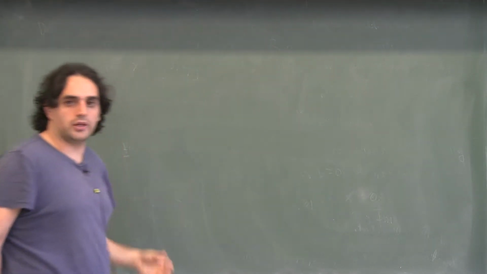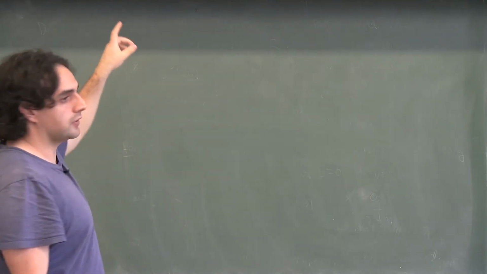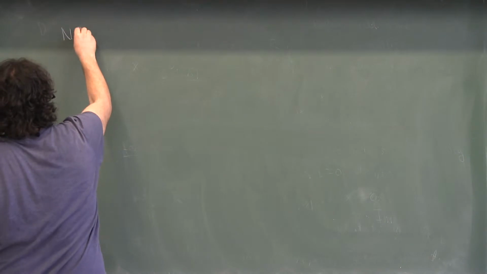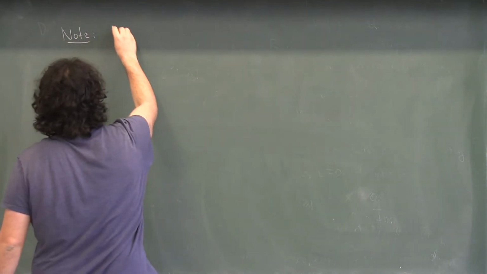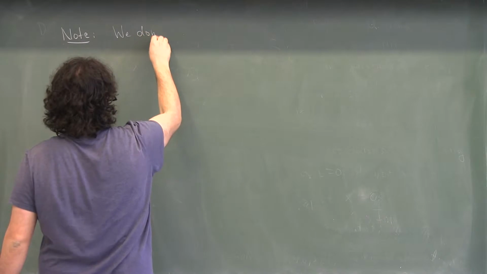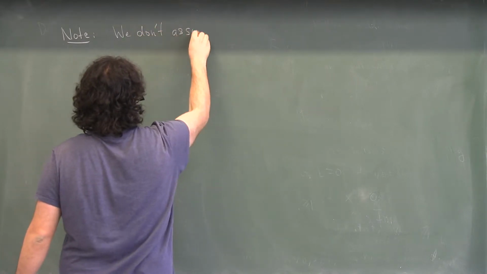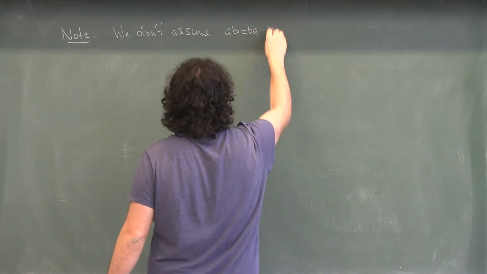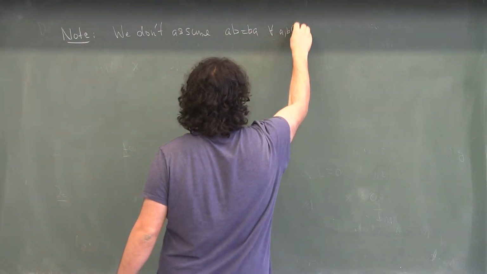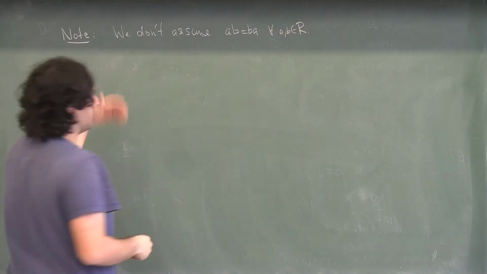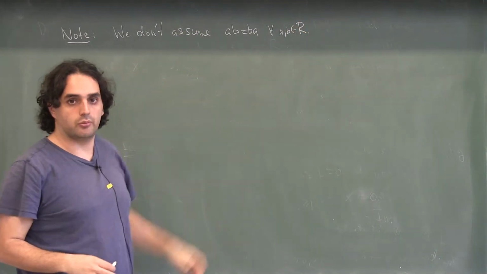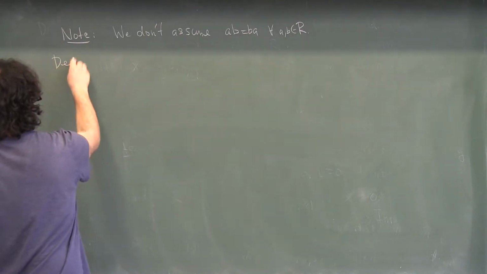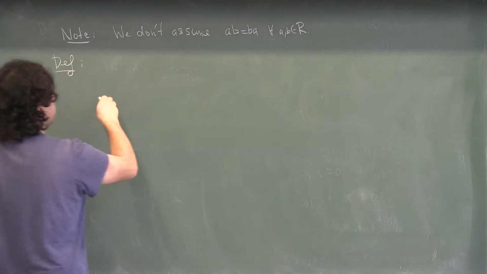Okay, so now let's spell out on the board some of the things that I mentioned. For example, as I said, we don't assume that AB equals BA for all A, B in R. So it might happen that AB is not equal to BA for some pair of elements A and B in R. But instead, this is an additional property.